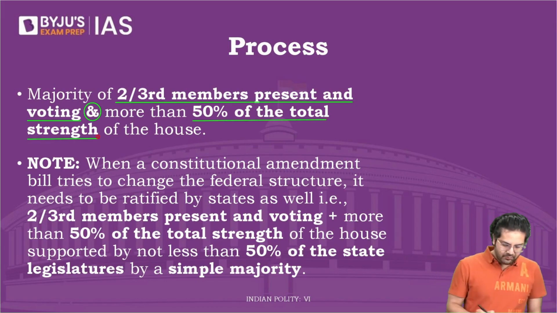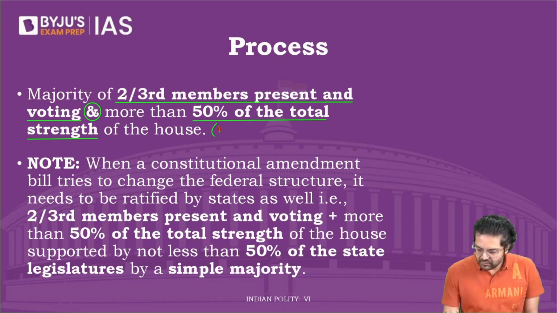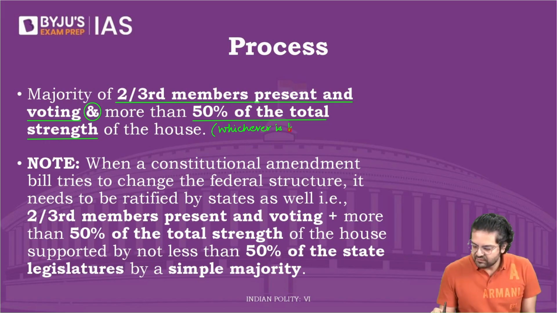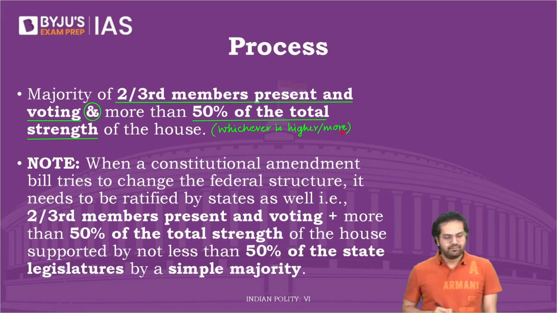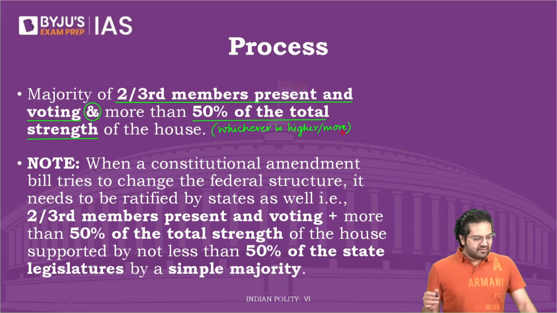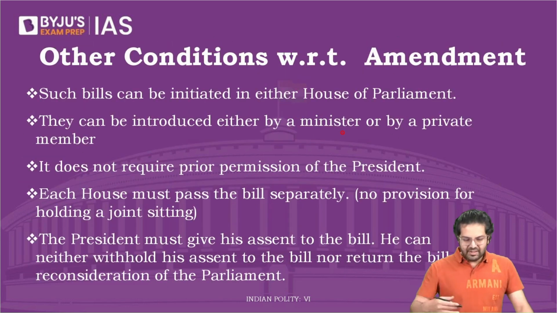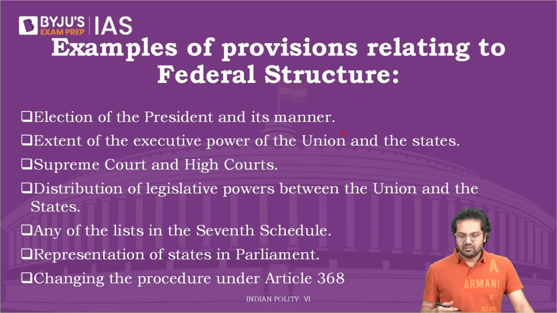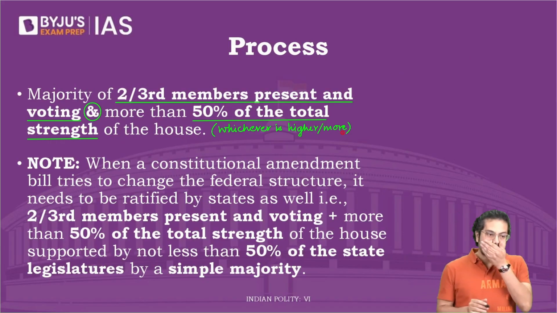Combination. And the point is, whichever is higher or more. Clear? That's it. Details I'll discuss shortly. We have the details also. Don't worry. Just focus on this procedure right now.